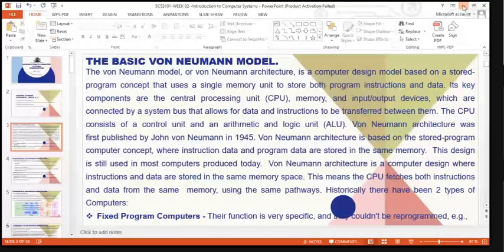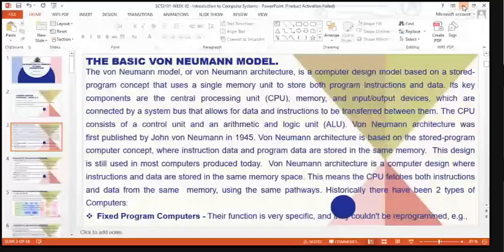It consists of the control unit, the system bus, and also the arithmetic and logic unit, where you're able to do mathematical operations like addition and subtraction, and also the logic unit, which uses digital electronics, or digital gates, to perform instructions. So that's the idea behind the von Neumann architecture.